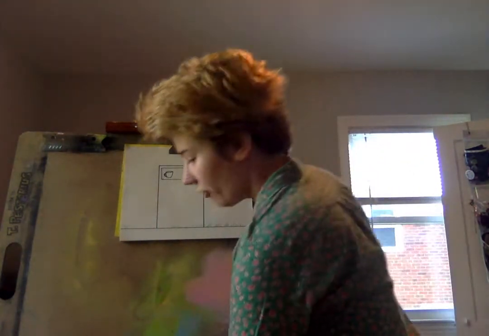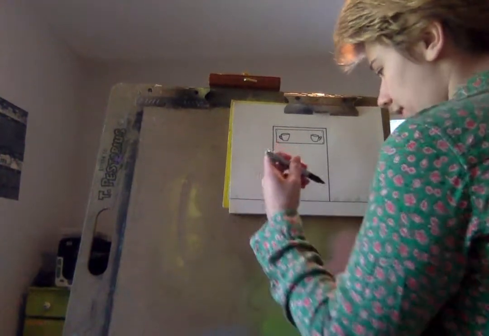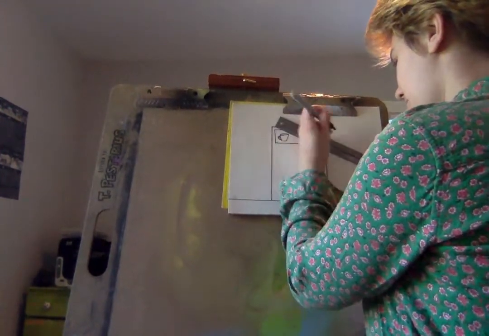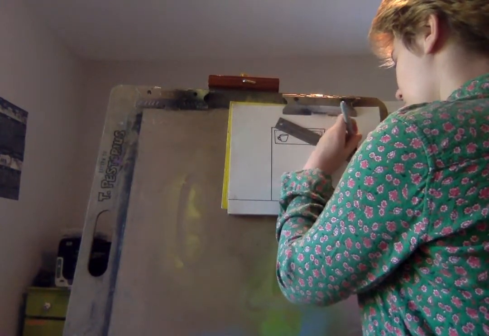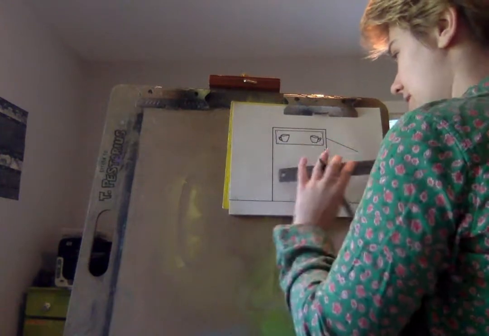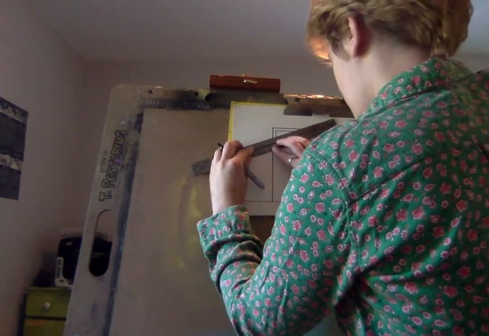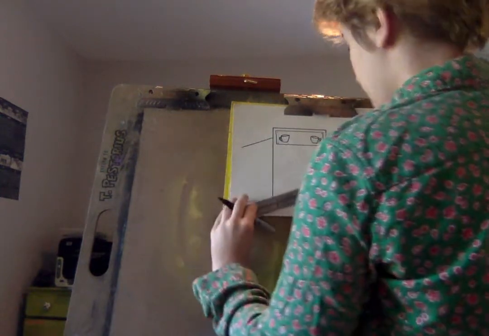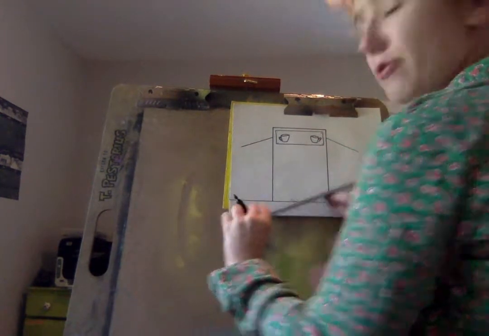Let's see if I can get a little closer. There we go. Okay? And then I'm going to draw some side buildings. So I think I want this building on the side to be tilted down a little bit. I'm looking where I've tilted down right here. So it's right in the middle of our sign. Let's hope that one is about the same angle going down. Not bad. Okay.